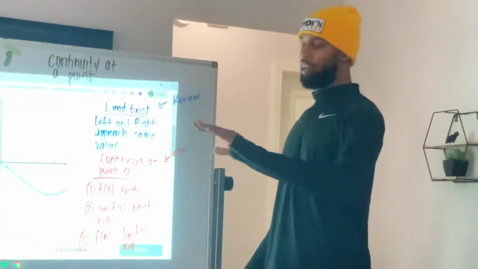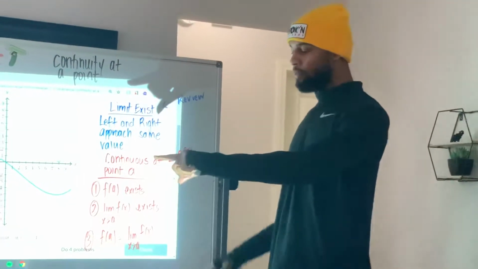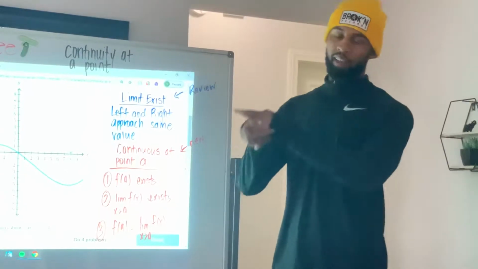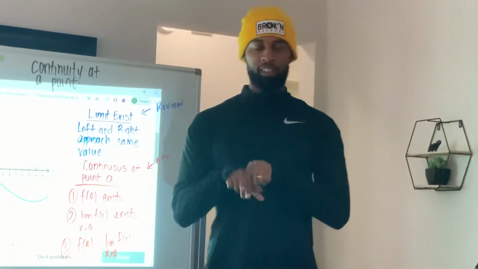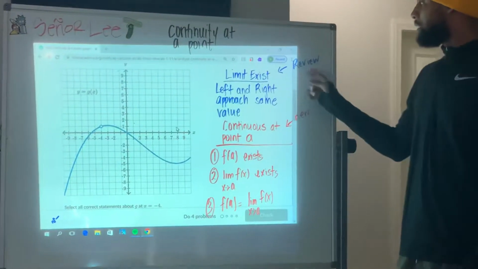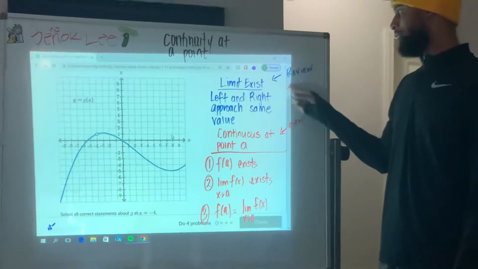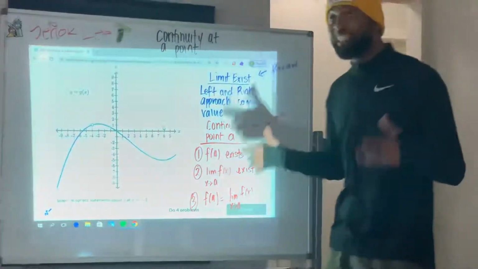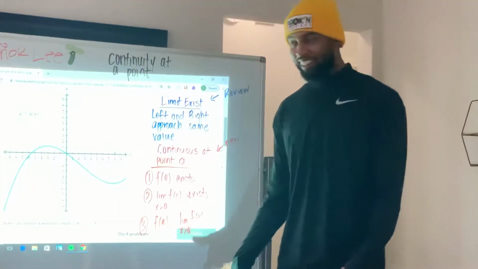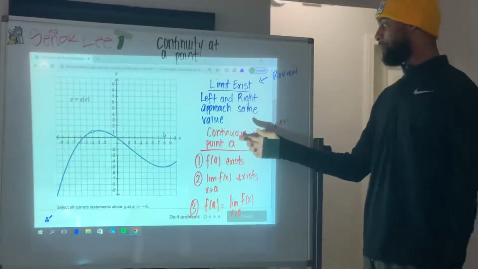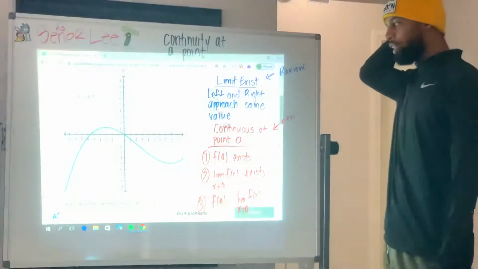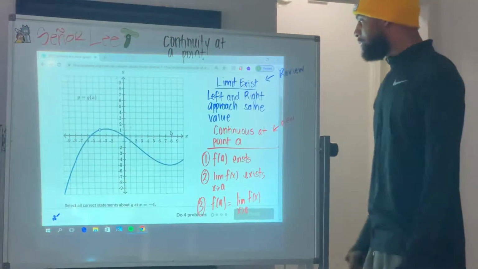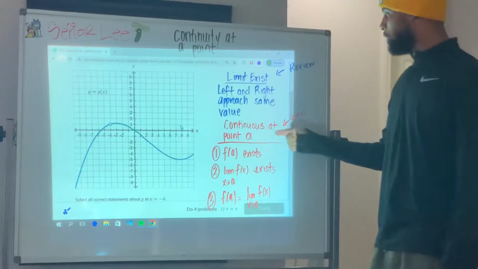If you trace it from the left and you trace it from the right, and they go to the same point, you say the limit exists. You're going to need to have this understanding of a limit in order to master this topic of continuity at a point.